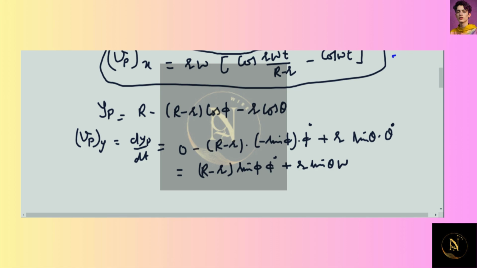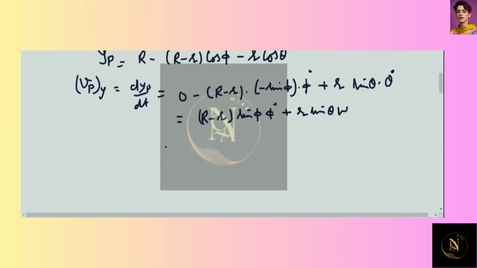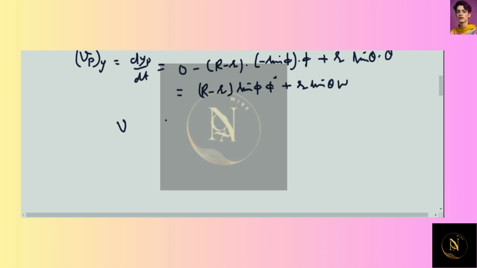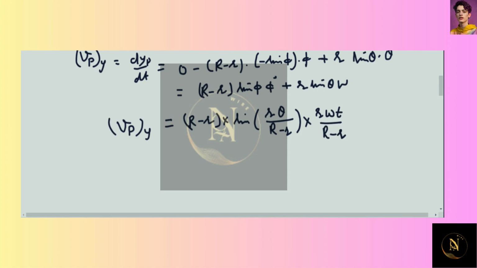So finally you may write the velocity of point P along the y-axis. Remember, we are substituting the value here: (R minus r) sin of phi, where phi is (R minus r) theta upon r, phi dot having the value (R minus r) omega upon r, and theta is omega t. This will cancel out.